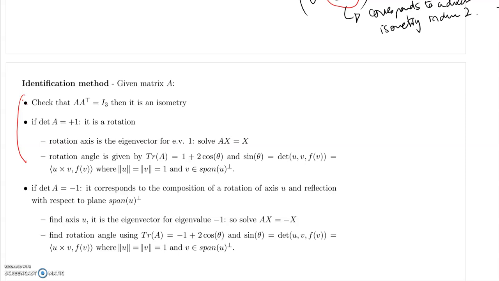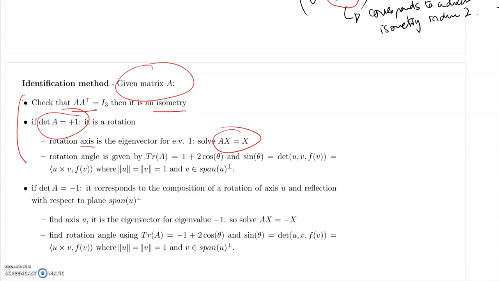Okay, so given a matrix A, you first compute A times its transpose. If it's equal to the identity, then you know you have an isometry. If the determinant is equal to 1, from all the calculations we've just done, you know you have a rotation, but you need to find the axis and the angle. To find the axis, you find the eigenvector corresponding to eigenvalue 1.